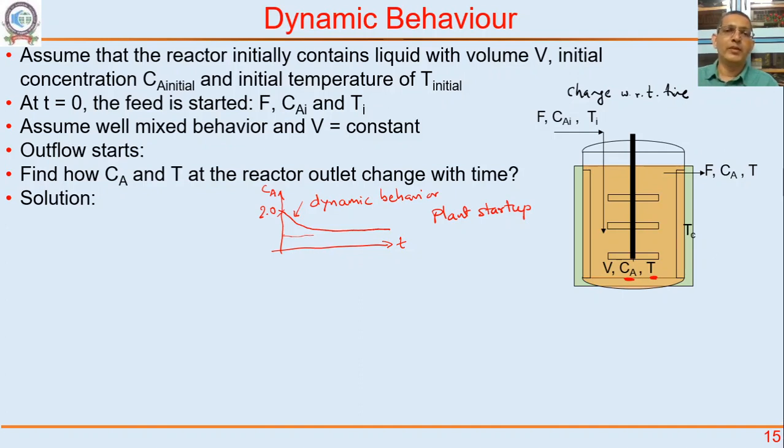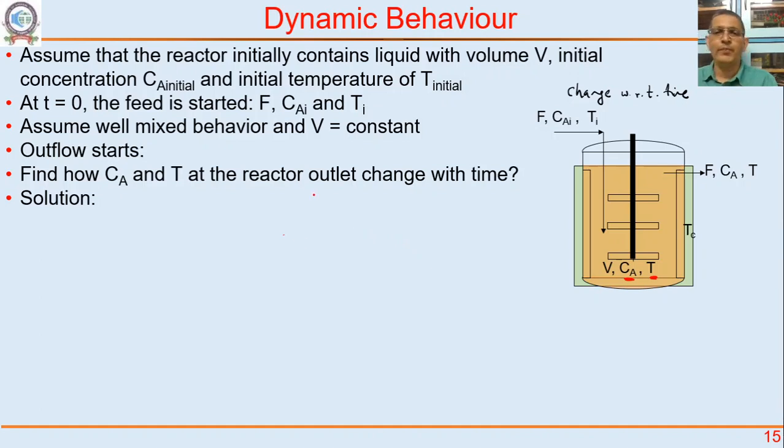So that is why we are studying this dynamic behavior: how from an initial value, the concentration in the reactor, conversion in the reactor, and temperature change with respect to time, and how they approach the steady state.